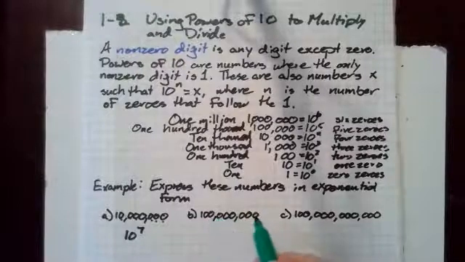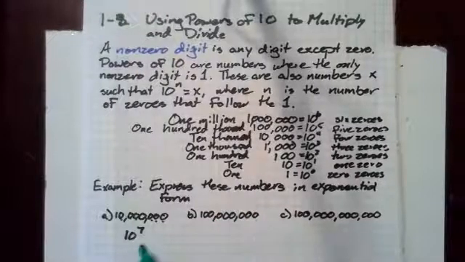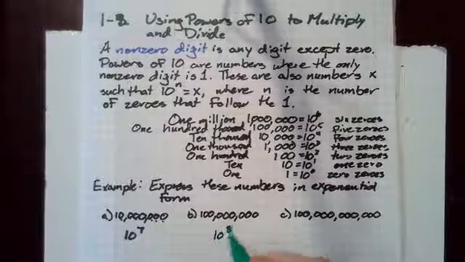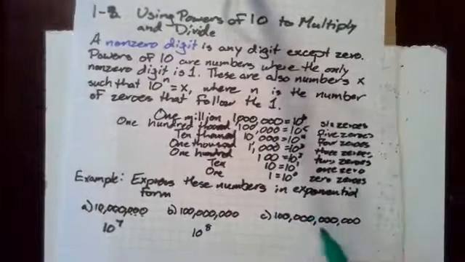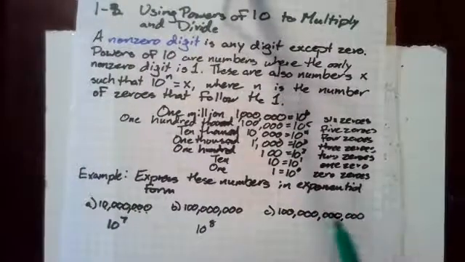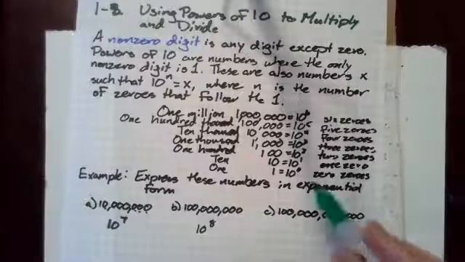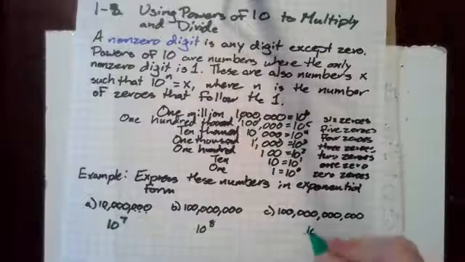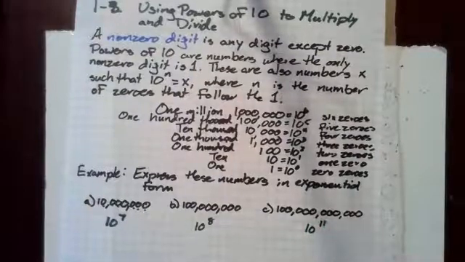This is 100 million, which has one more zero than 10 million. So that's 10 to the 8th power. And finally, here we have 100 billion. Well, 100 billion has 3 more zeros than 10 to the 8th. So that's going to be 10 to the 11th power.